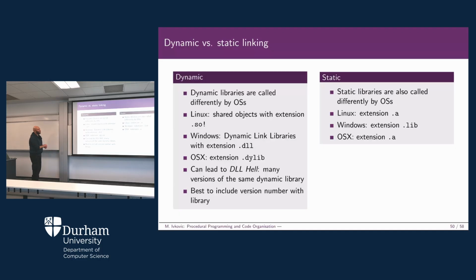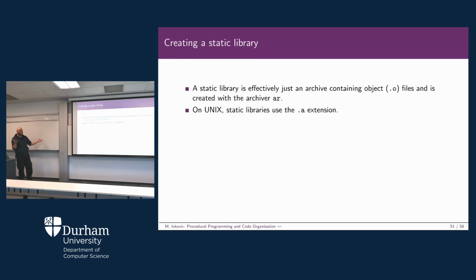Similarly, static libraries on Linux are called archives, or .a. On Windows, they're just .lib, and OS X also has, just like Linux, the .a extension. So, how do we create a static library? It's in fact really not that tricky. It's just an archive containing object files.